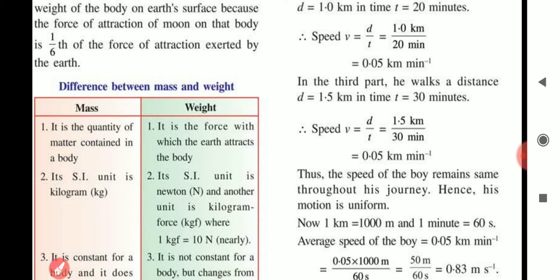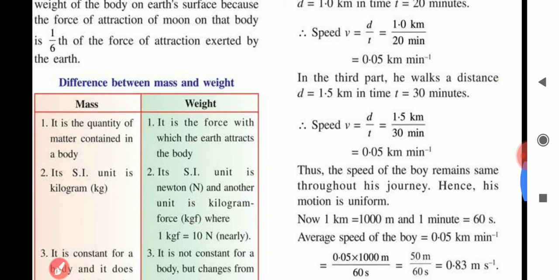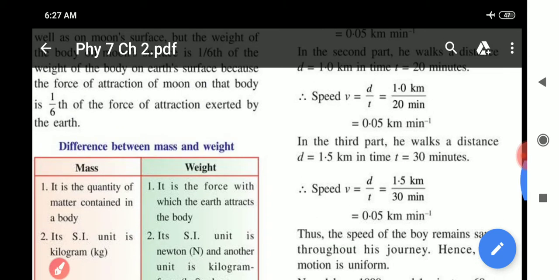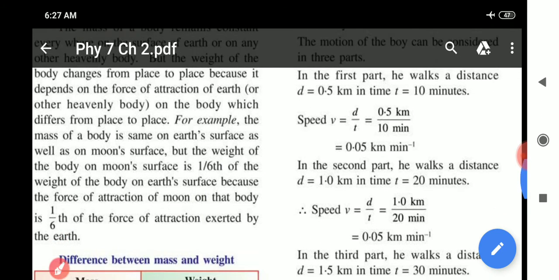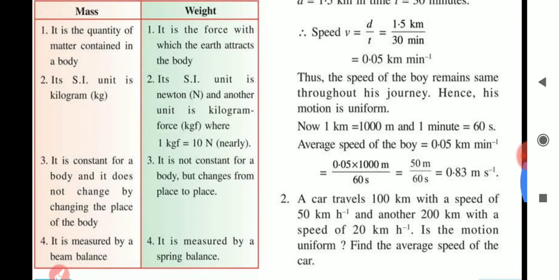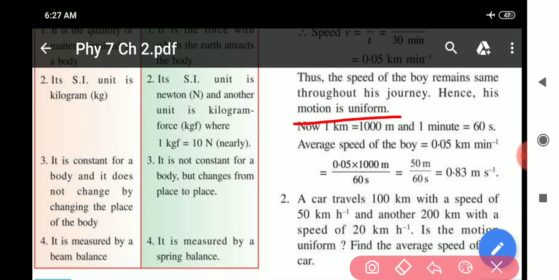In the third part, he walks a distance d of 1.5 km in 30 minutes, so speed equals 1.5 upon 30, which is 0.05 km per minute. So the speed of the boy remains the same throughout his journey. It is 0.05, 0.05 and also 0.05. The speed remains the same, so uniform motion is there.